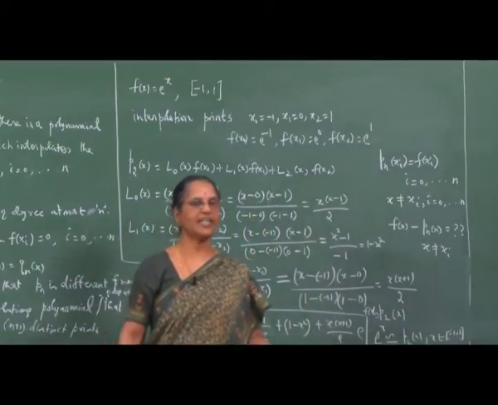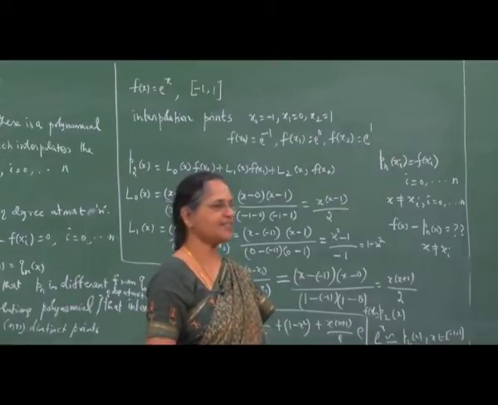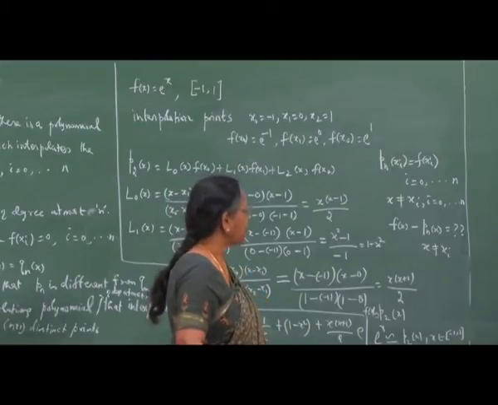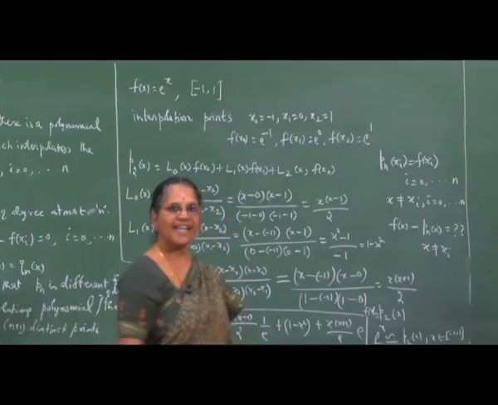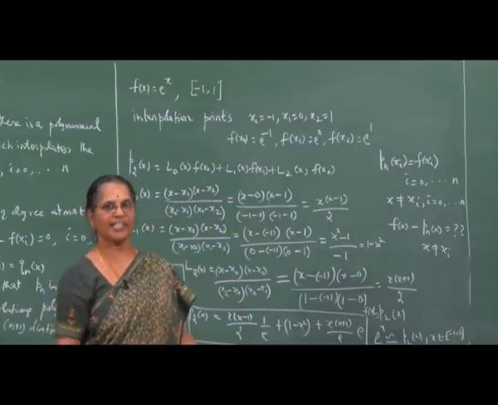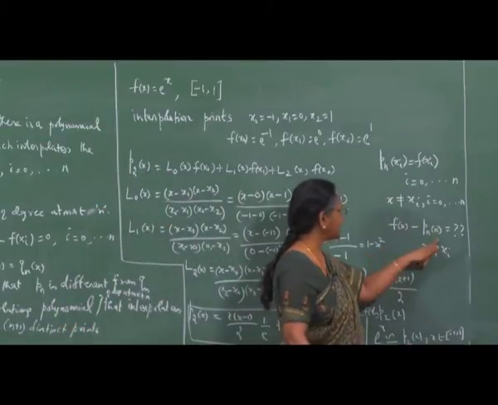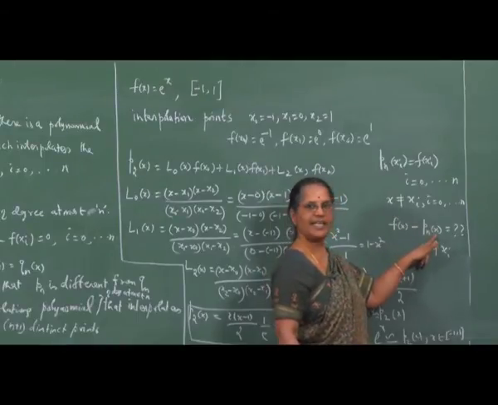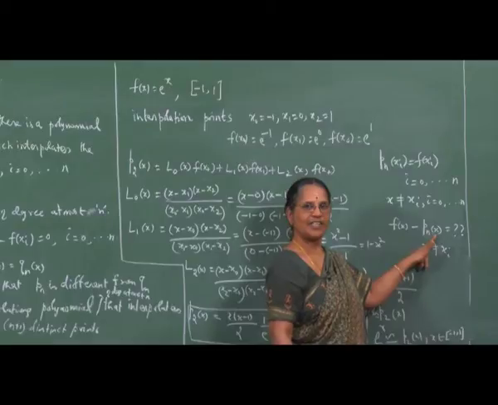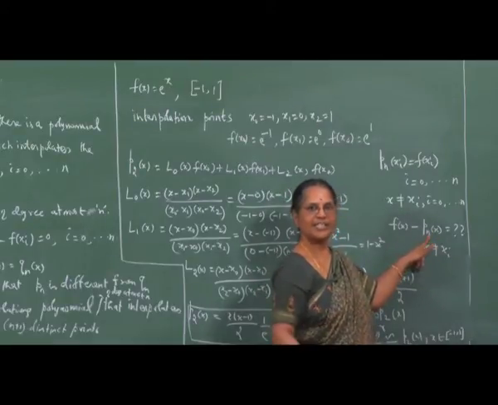So, if the function f has sufficient smooth properties, then it is possible to provide an estimate of the size of the interpolation error. What is the interpolation error? At any x, the difference between f of x and the polynomial of degree n that approximates the function is f of x minus Pn of x, and that is the interpolation error.